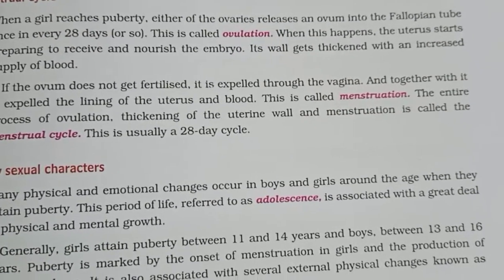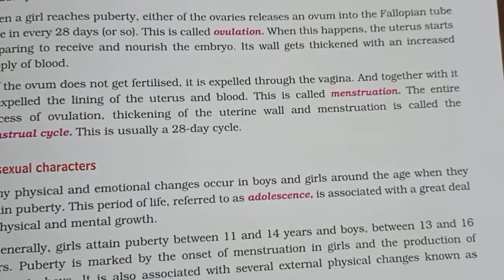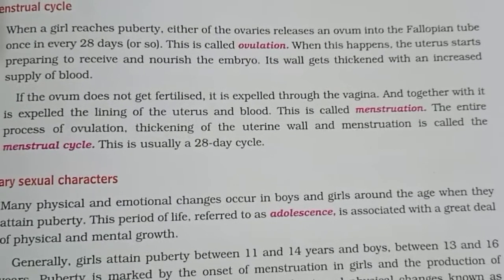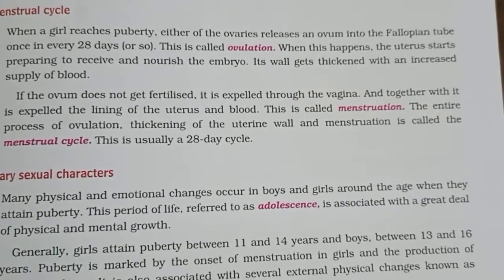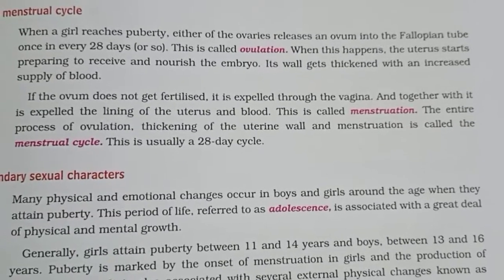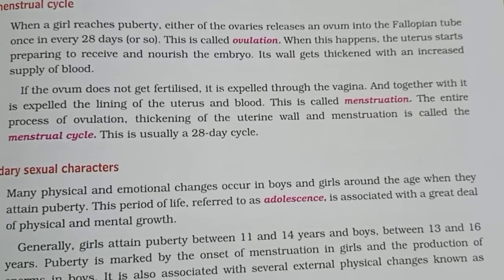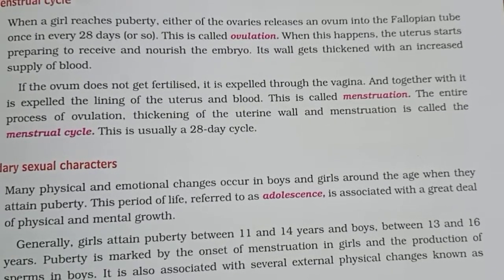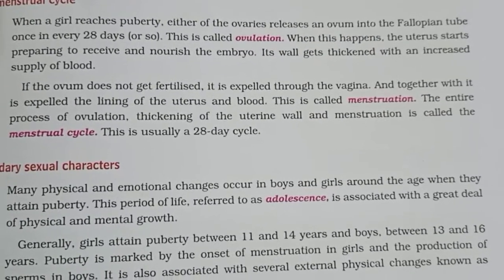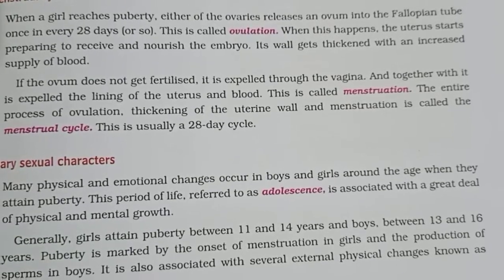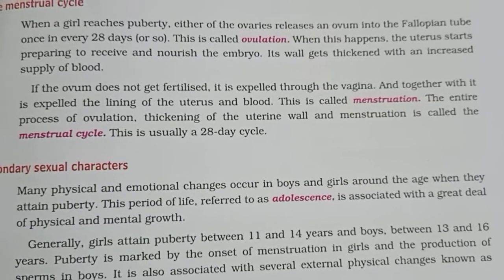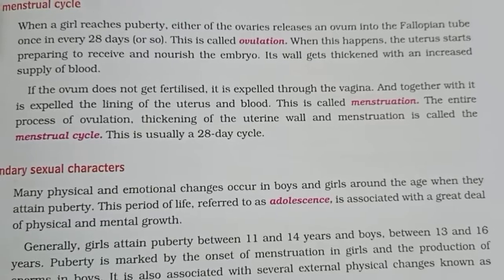The cushion, the inner blood lining that had developed in the uterus, is no more required. Since fertilization has not taken place, there is no need for such blood lining.